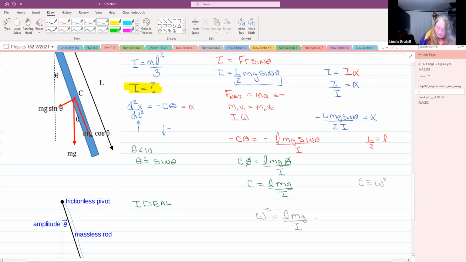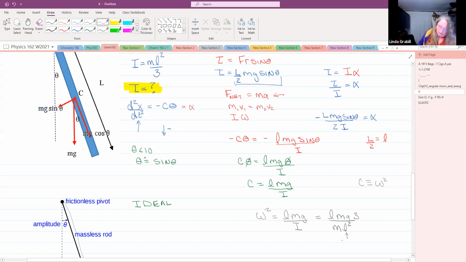So I can put that in there. So I can go L mg over ml squared. And what's going to happen here, that 3 is going to pop up top. And remember, what is the distance in I?